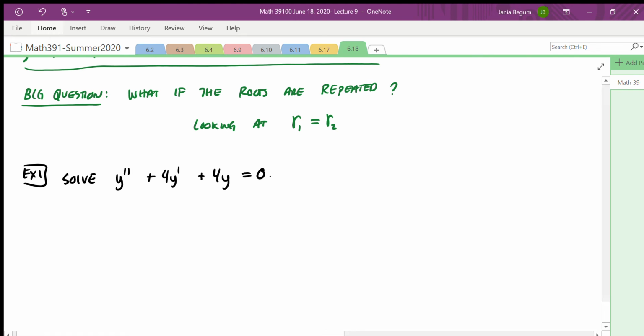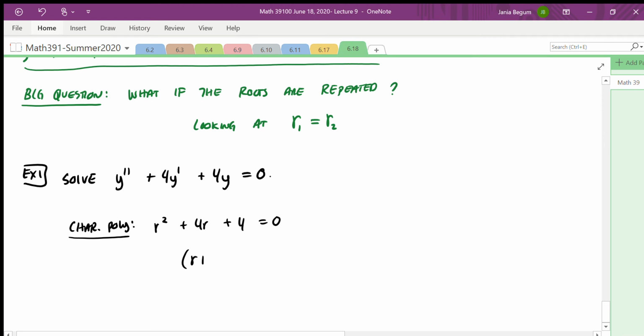So our characteristic polynomial for this would be r squared plus 4r plus 4 equals 0.